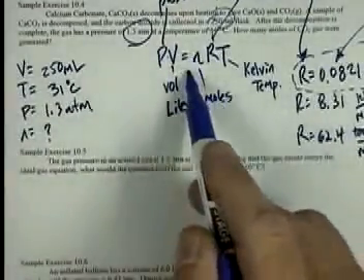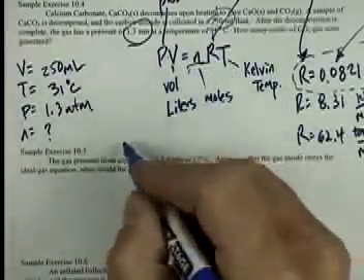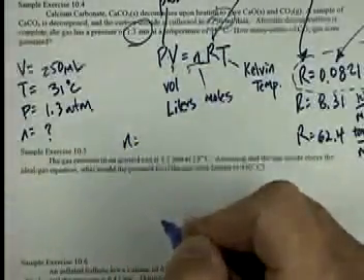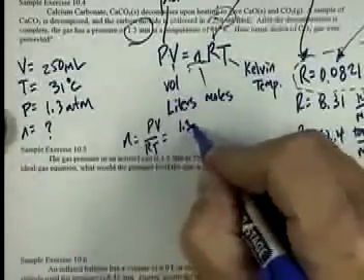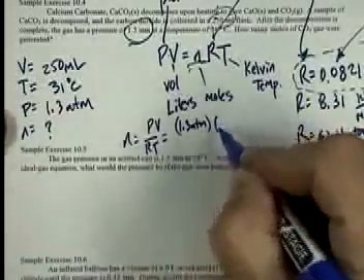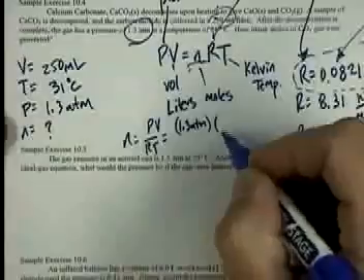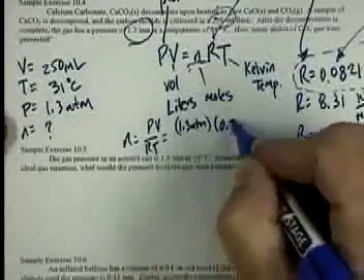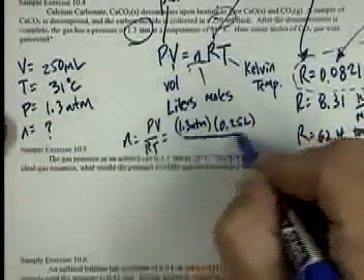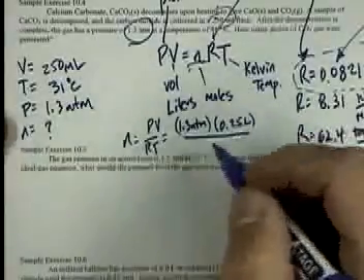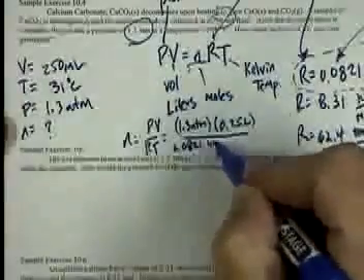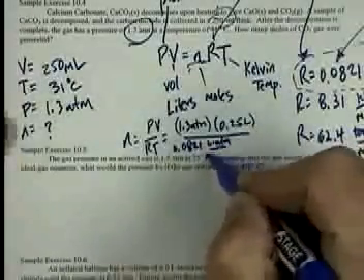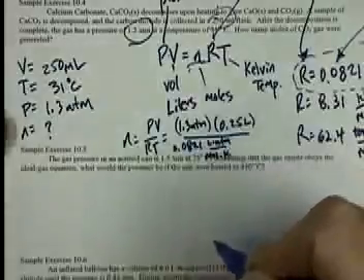Solving this equation for number of moles, because that's what they want to know, it turns out to be n is equal to PV divided by RT. The pressure is 1.3 atmospheres. The volume is 250 milliliters, but be careful, it's got to be in liters, so 0.25 liters, divided by R, which in this case is 0.0821 liters times atmospheres per mole times Kelvin.